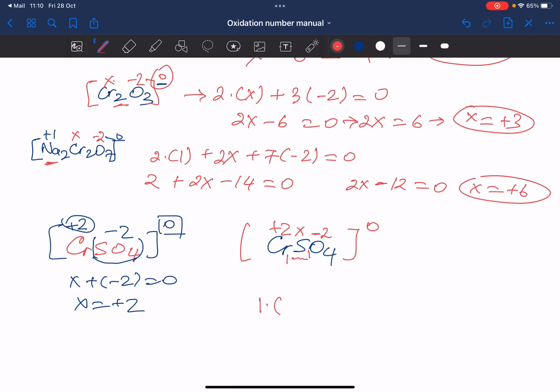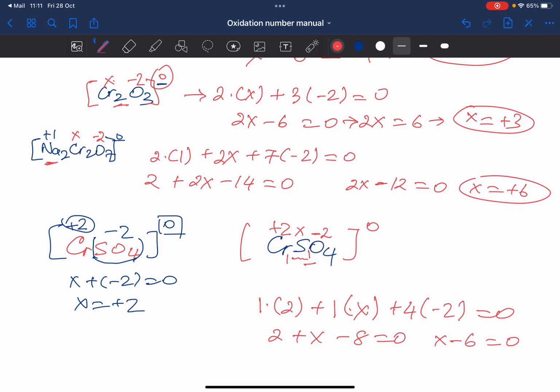So 1 times 2 plus 1 times X plus 4 times -2 is 0. And then you do this math, 2 plus X minus 8 is 0, X minus 6 is 0, X is +6. So we found the charge of sulfur, which is +6. Even if you do the math right now, 2 plus 6 is +8, plus 4 times -2, this is another -8, so they add up to 0.